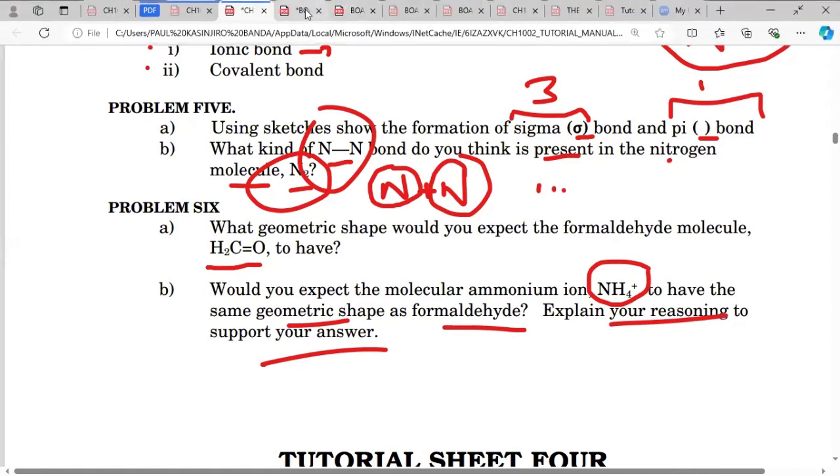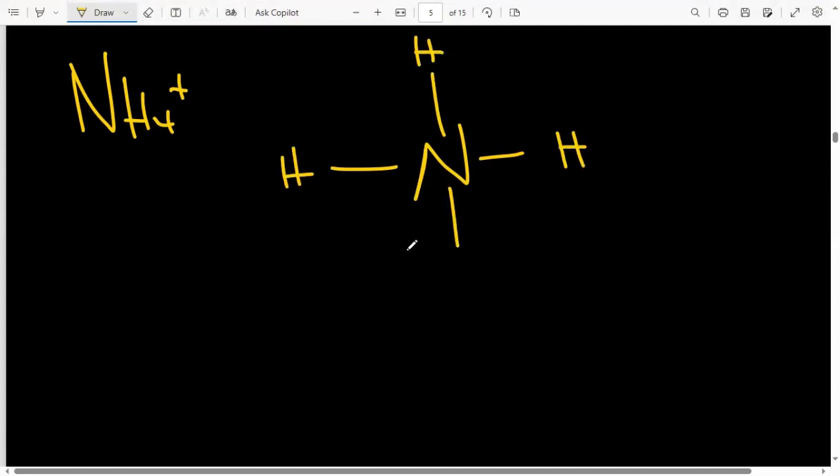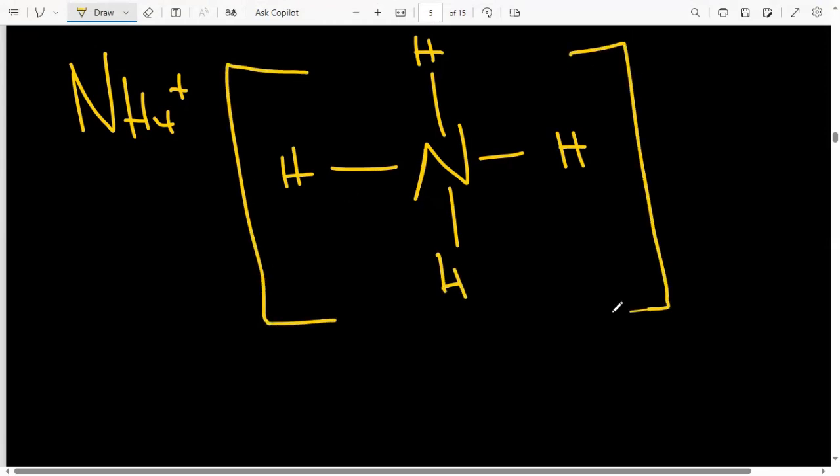So if I write the ammonium here, which is NH4 plus, simply meaning that it has gained a hydrogen here, okay? So if I write the structure for this, it will be N attached to 4 hydrogens like this. So we have hydrogen there, another hydrogen here, and another hydrogen. And then we indicate that this has a positive charge like this.